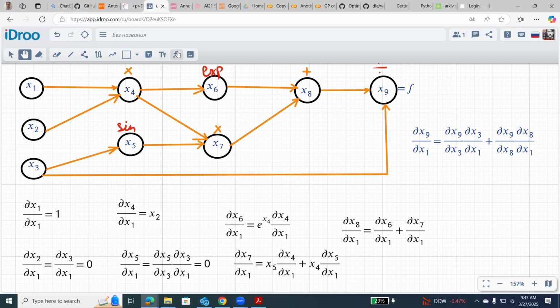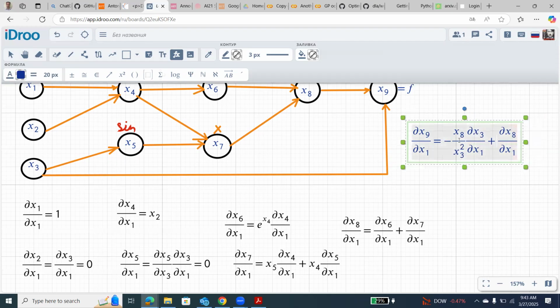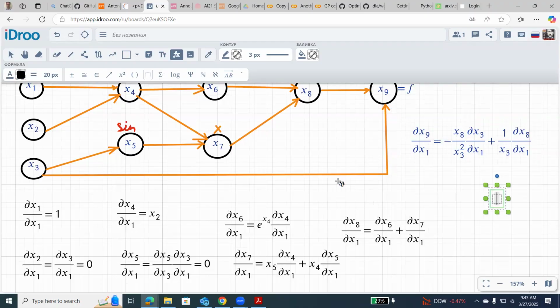So the first derivative will be negative x8 over x3 squared. And the derivative with respect to the numerator x8 over x3 will be just 1 over x3. Again, when we know the function, and this function is the division, we know how to calculate the derivative. Okay, and these derivatives we take from previous steps.